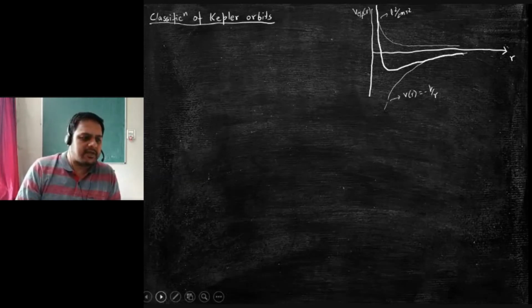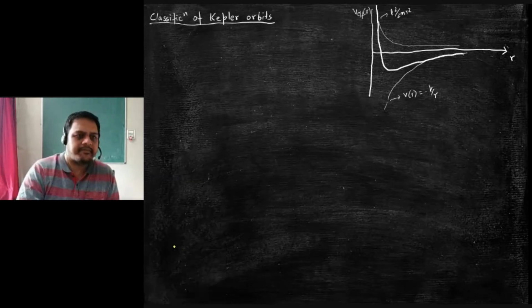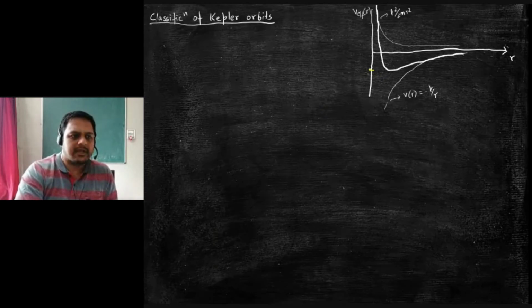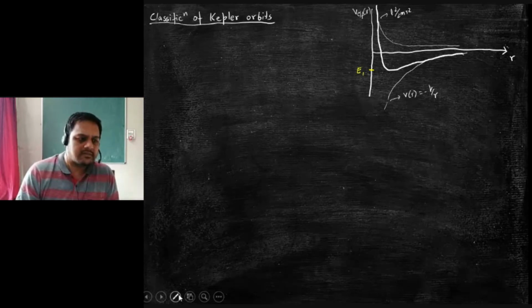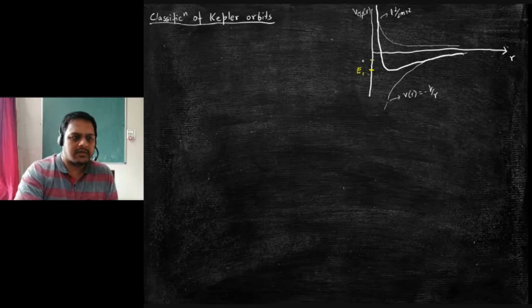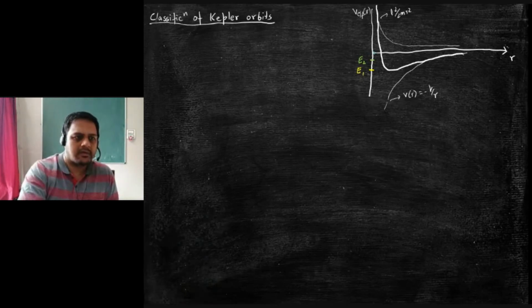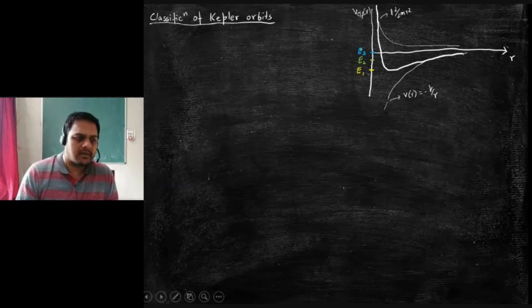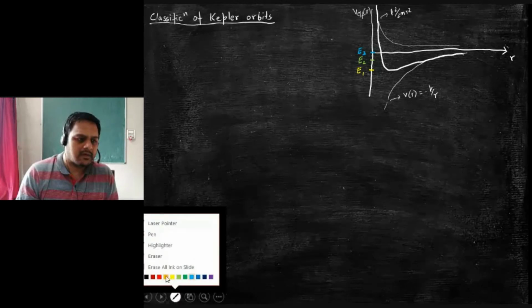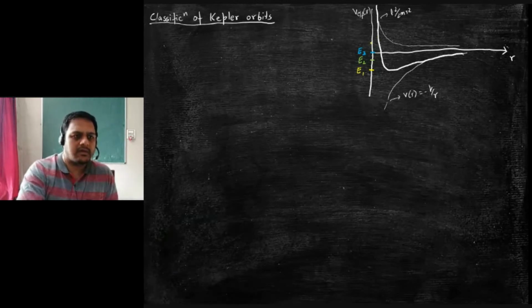Now let us try to see different types of orbits. Let us take the following energies. Let us say E1, let us say E2, E3, and E4.